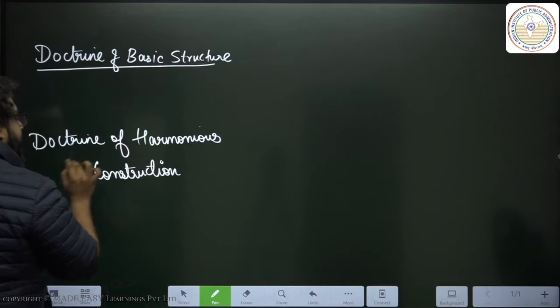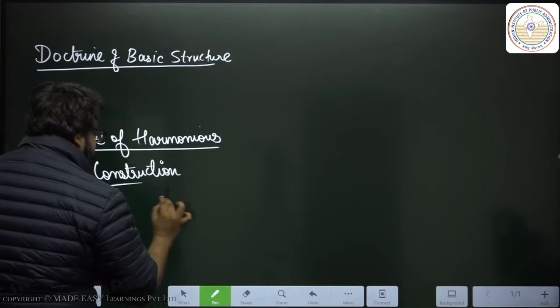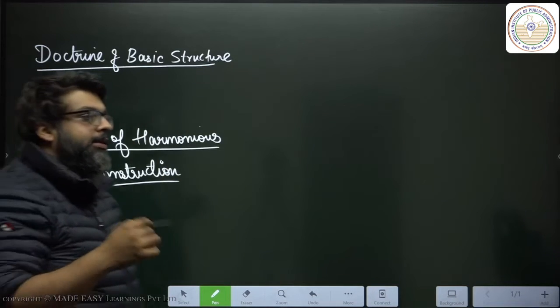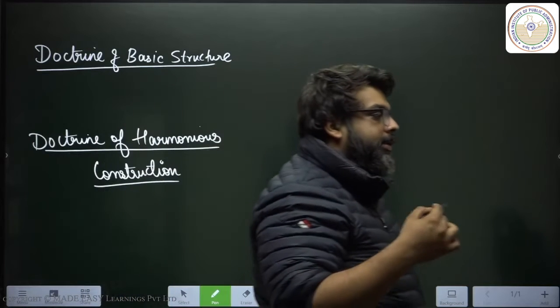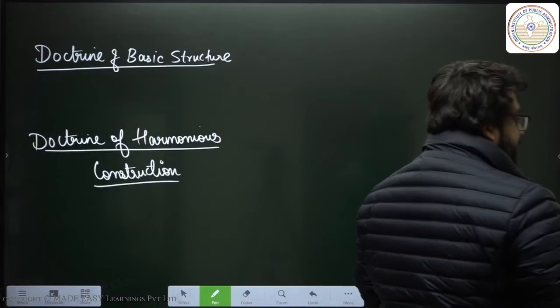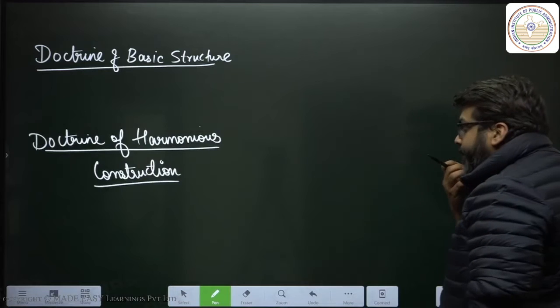And to understand both of these doctrines, we will have certain players involved, certain attributes involved, certain technicalities involved, right?